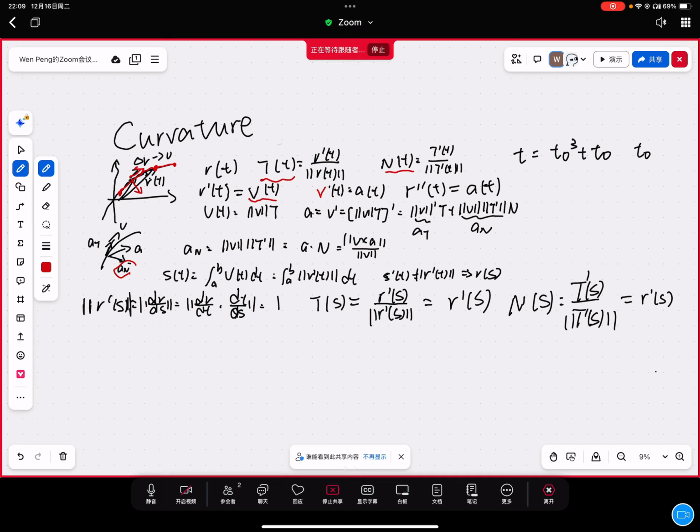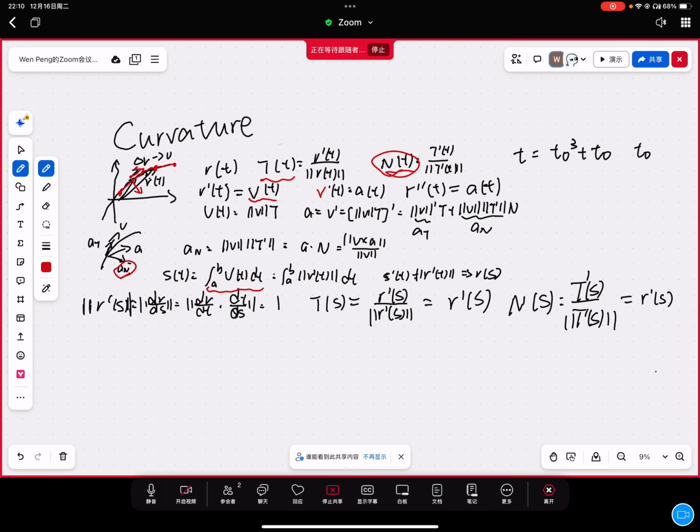For example, N of t. What parameter should we use then? Here we should use the distance s of t, which is represented by this formula, because the distance is actually easier to measure than the arbitrary parameter we have no idea about.